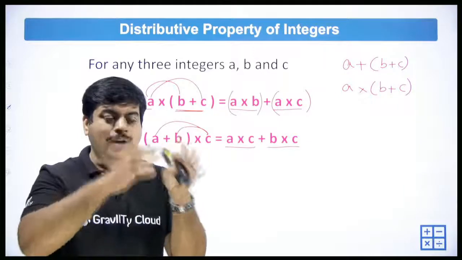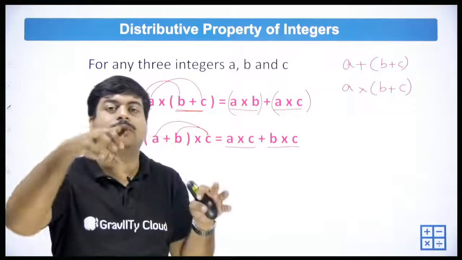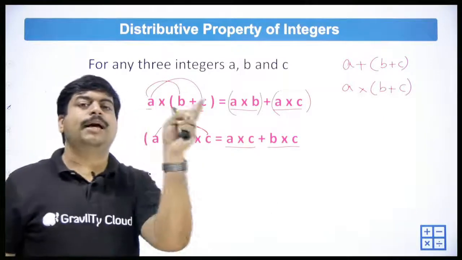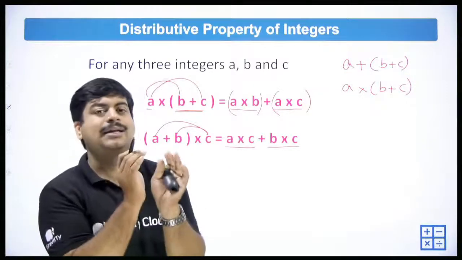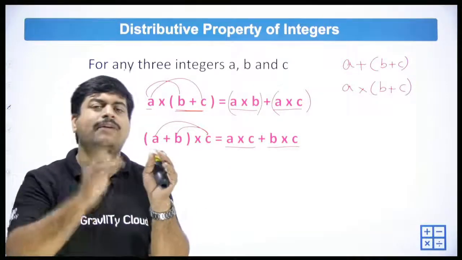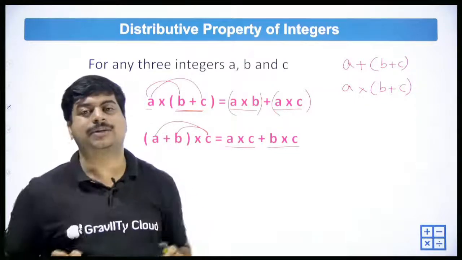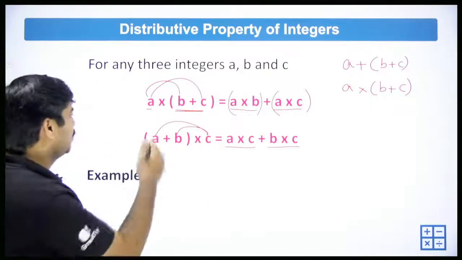When you have the terms in a bracket, it says that they are one unit. Whatever changes you want to do, you should do to all the numbers inside the bracket, correct?